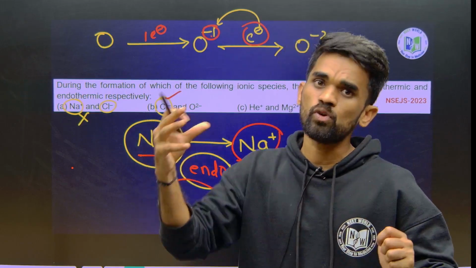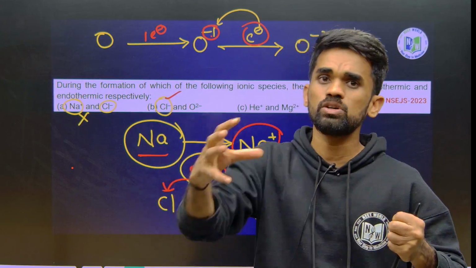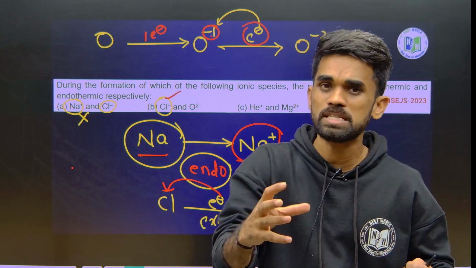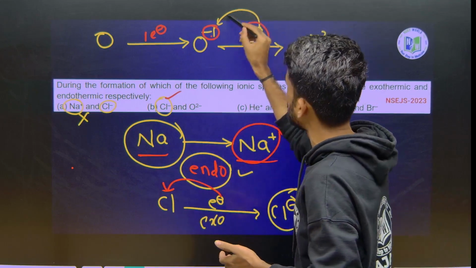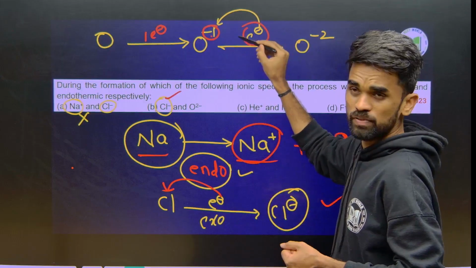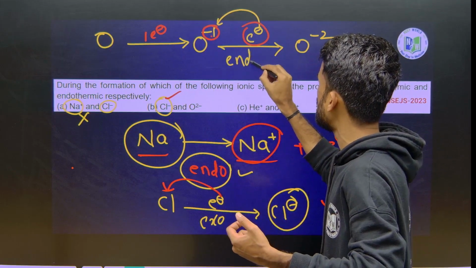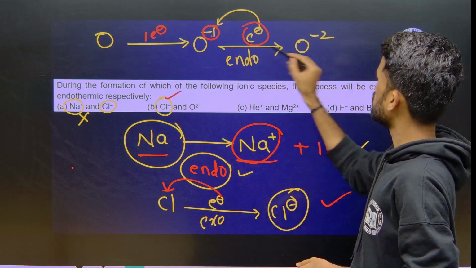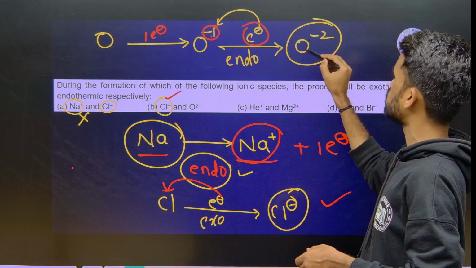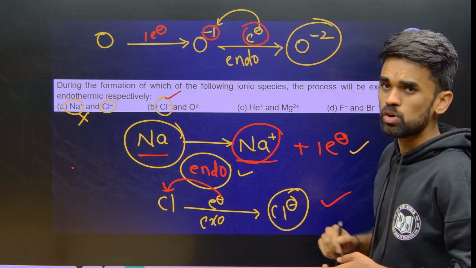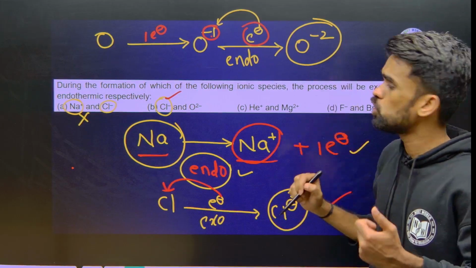Therefore, we need to force it from outside, which means we need to supply some energy. So addition of an electron to this anion requires energy to be added from outside, so I can say this is endothermic. The conversion of O minus to O2 minus is an endothermic process.